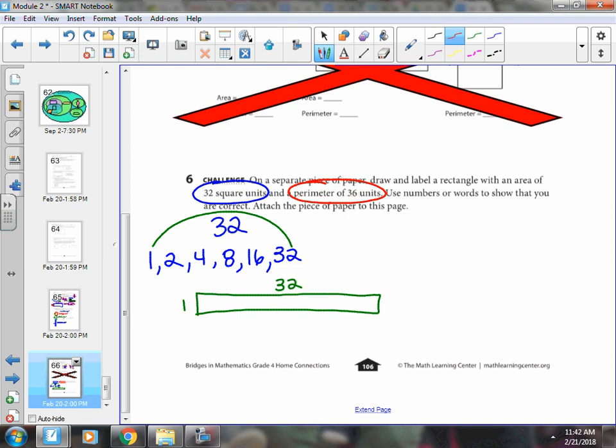I could also do a 2 by 16 rectangle, because 2 times 16 is 32. I could also do a 4 by 8 rectangle, because 4 by 8 is also 32.